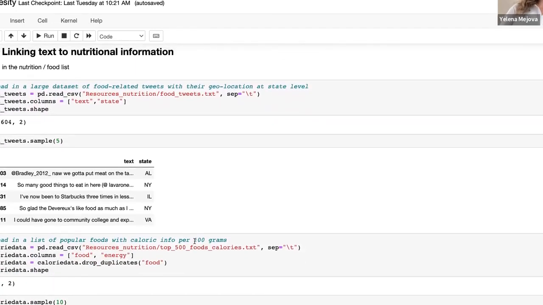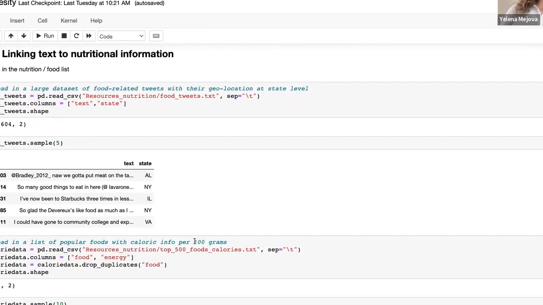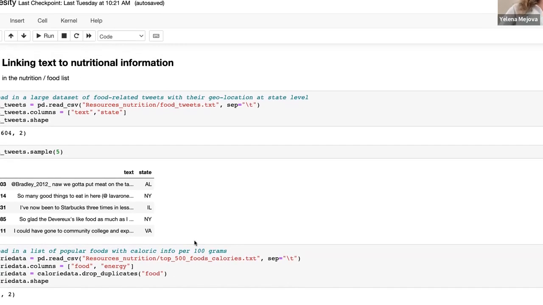Okay, second part, we can now look at the text. Let's see. Now I want to find some food in my text. In fact, if I went to the original set of tweets, I would find very few because it was a general sample.